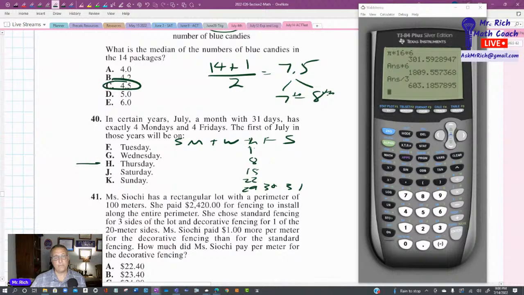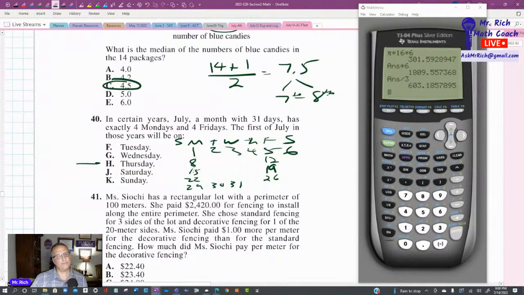I need to back this up. I think I need to back it up by 3 days, to Monday. Let's see. 1, 8, 15, 22, 29, 30, 31. 1, 2, 3, 4, 5, 6, right? Like that. So that's going to be 12, 19, 26. That's going to miss there.